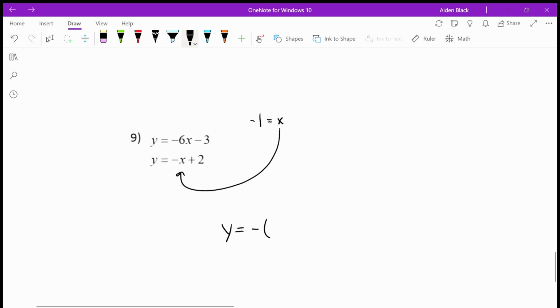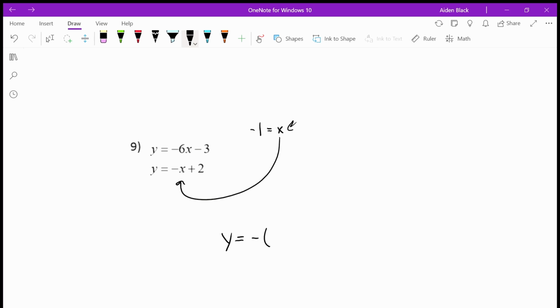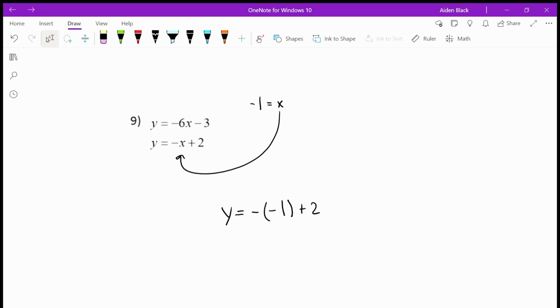We have -x. This is just x. So we have a -(-1) plus 2. Right? And if you subtract a negative, you're actually dealing with a positive number. So we have 1 plus 2. So y is equal to 3. So the solution would be -1, 3.